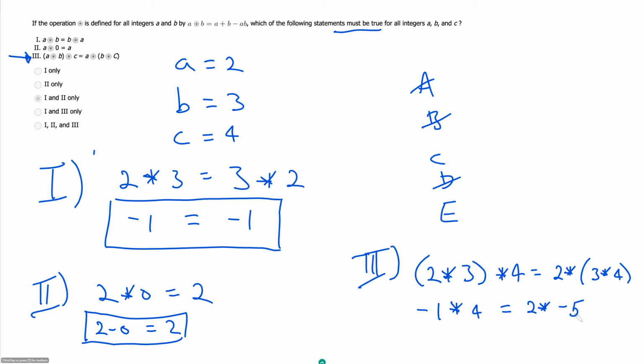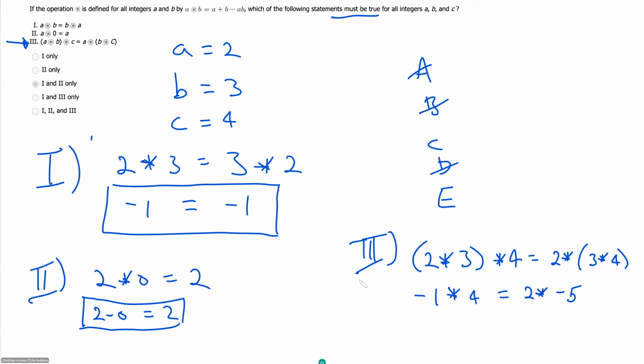So what is -1 star 4? That should be -1 plus 4, which is 3, minus 4 times -1. So that's minus -4, which is plus 4. So 3 plus 4 is just 7.